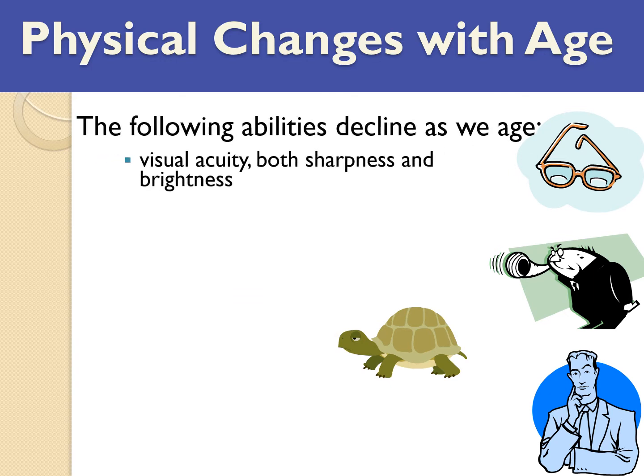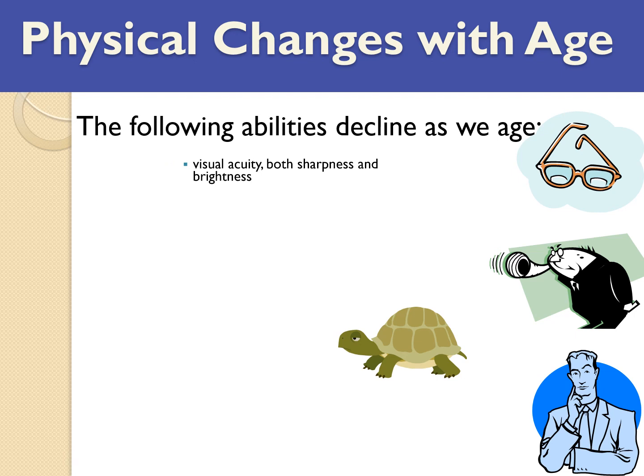When we look at the physical aspects, the first thing to go is your visual acuity. That means you're going to need bifocals. In fact, we actually know that everyone needs bifocals at the age of 40, but many refuse to get them. I am included in that pile. I need bifocals. I've needed bifocals for a while.